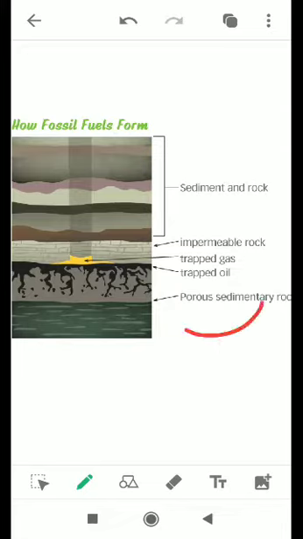See, these are porous sedimentary rocks, right? And they trapped gases as well as oil. Gases which are found, that is called the natural gas. They are formed above the petroleum reservoirs.